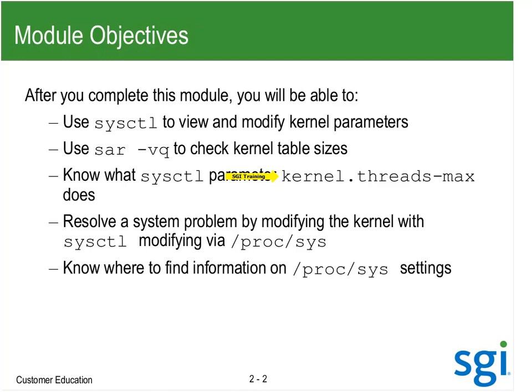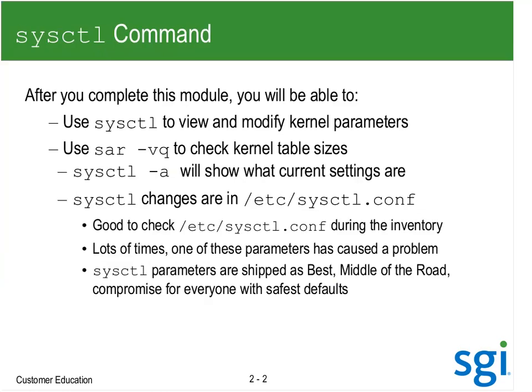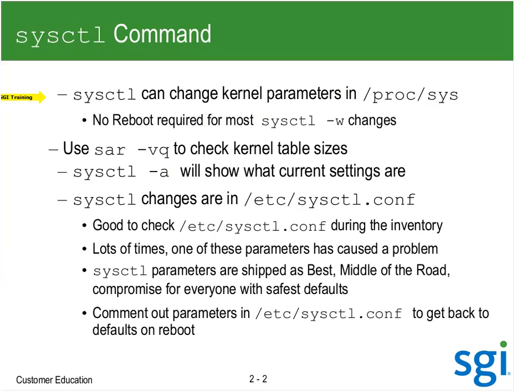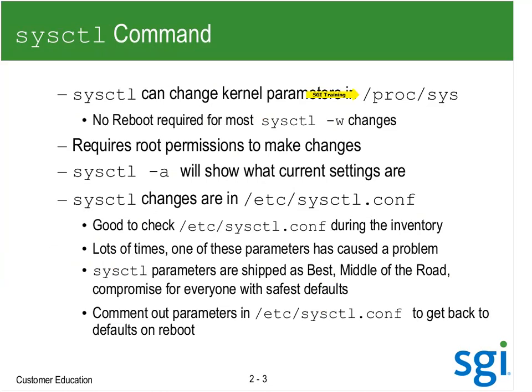So I'm trying to introduce resolving system problems by modifying Sysctl, and also to find out where to find information on Sysctl parameters. Sysctl is a Linux command, kind of like systune in IRIX. You don't actually need Sysctl. It's a user-friendly command line interface, but some sites might just go straight into /proc/sys.